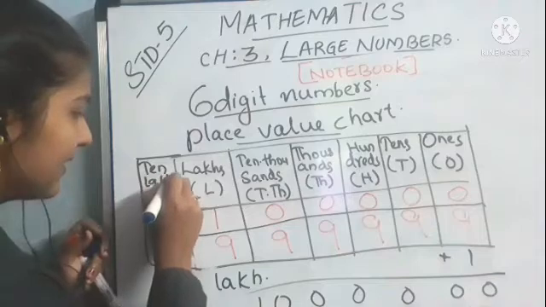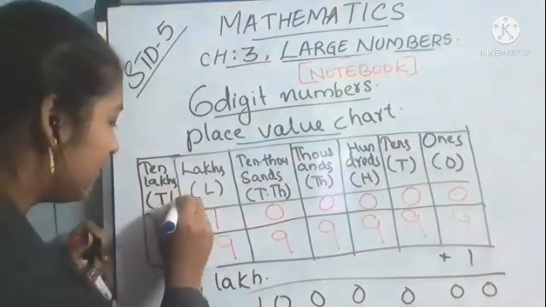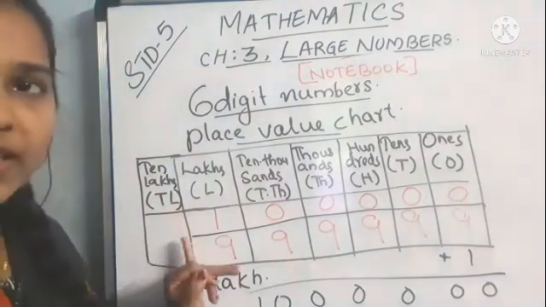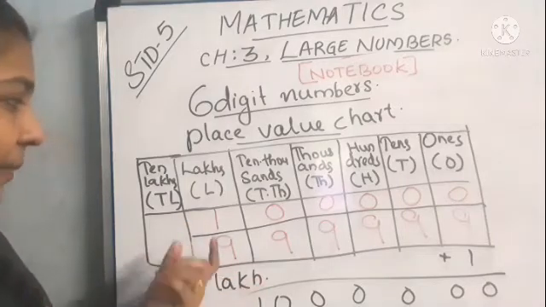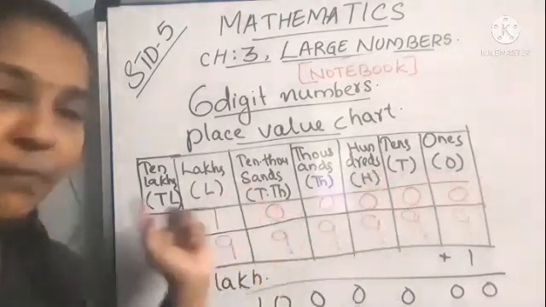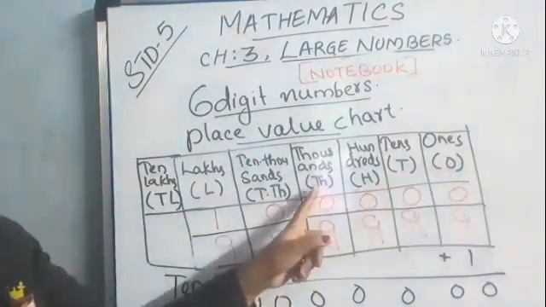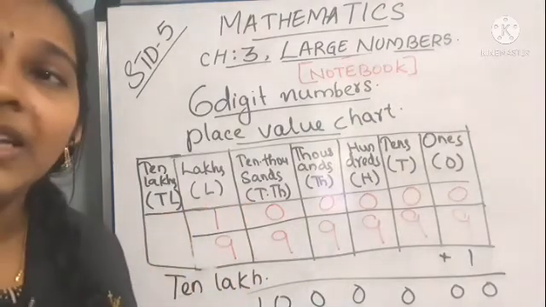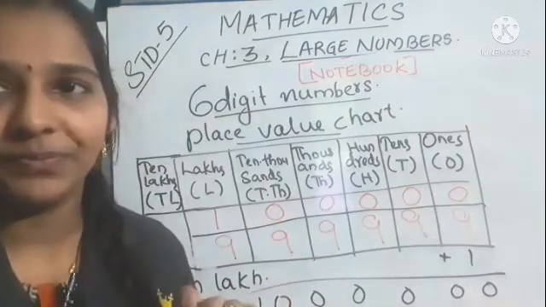We can denote it by capital T and capital L. Now look, how many places does it have? Seven places. Which are they? Ones, tens, hundreds, thousands, 10,000s, lakh and 10 lakh. So these are the places of a 7-digit number.